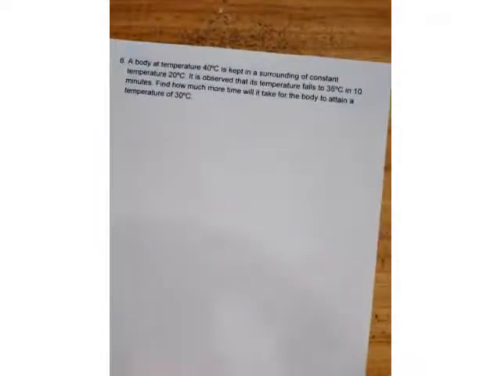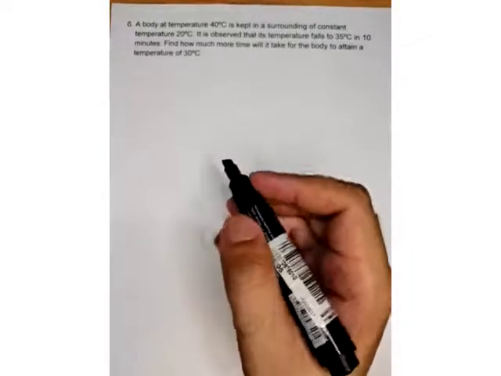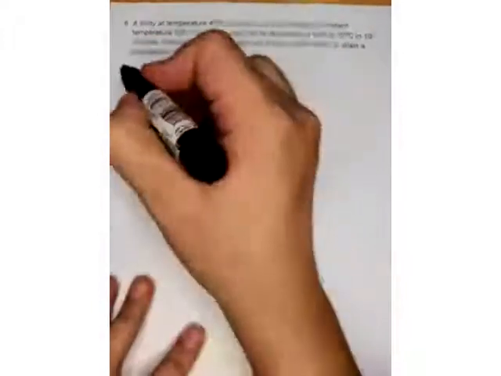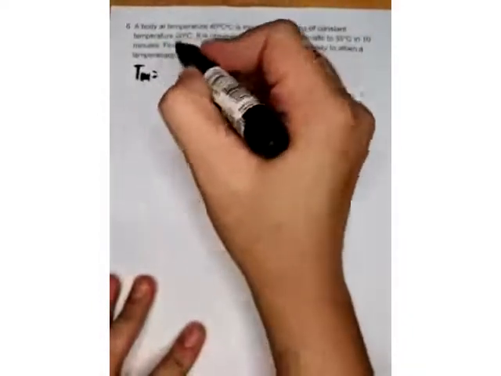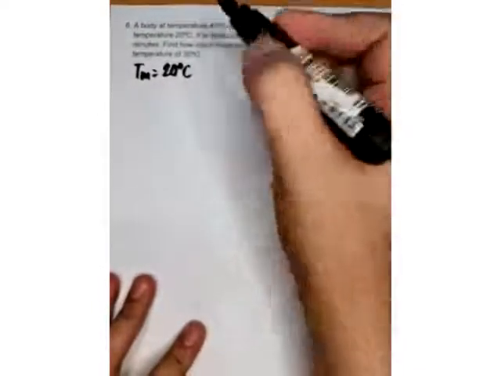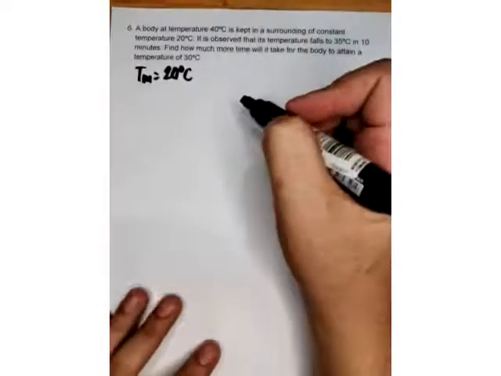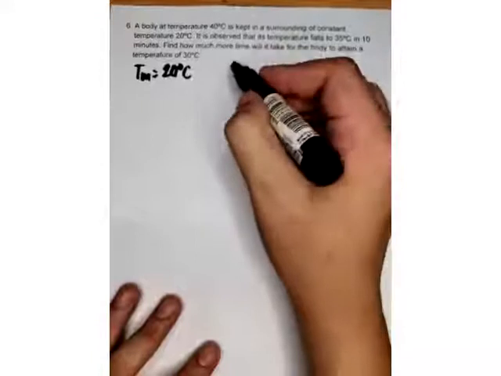So I want you to try this example. I'll give you 5 minutes to solve it on your own, and then after that, we'll solve it. The Tm is given at 20 degrees Celsius because the body is kept in the surrounding with this temperature.